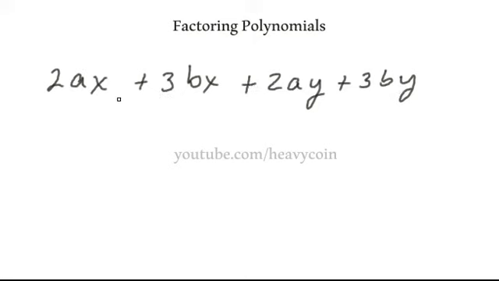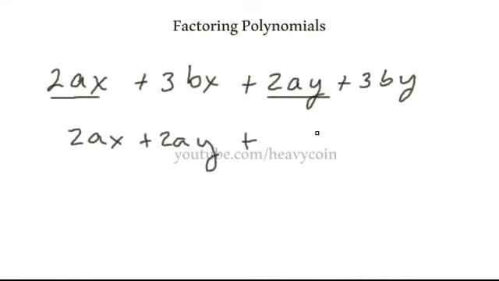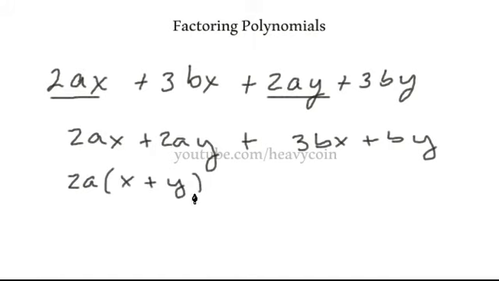Oof. Something's kind of fishy in this problem. I'm trying to figure out what it is. You know what? I believe this is called factor by grouping. Let me rewrite this. 2ax plus 3bx plus 2ay plus 3by. If I were to factor out a 2a out of this one here, I'd be left with an x plus y.